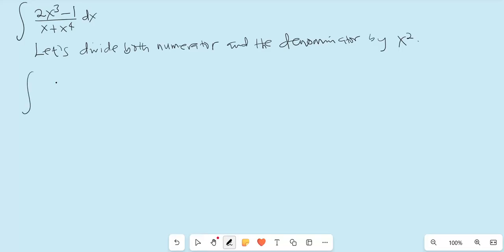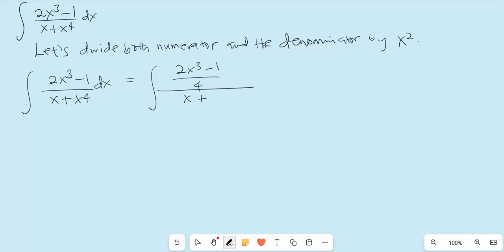So this integral of 2x to the third power minus 1 over x plus x to the fourth power dx, if we do that, that will be 2x to the third power minus 1 over 4 all over x plus x to the fourth power all over x.